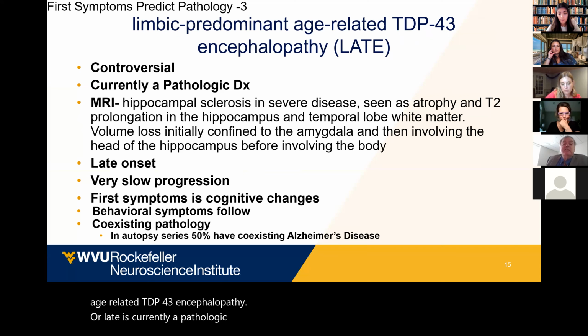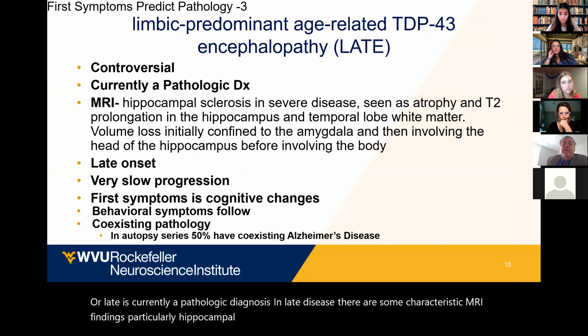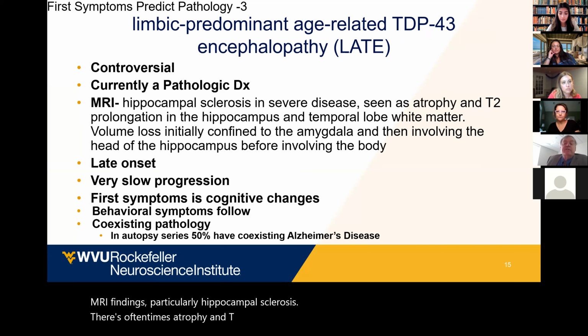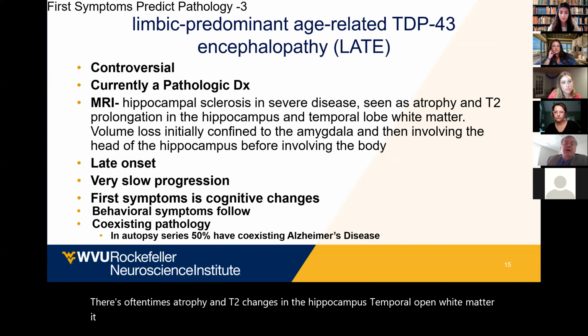In LATE, there are some characteristic MRI findings, particularly hippocampal sclerosis. There's often atrophy and T2 changes in the hippocampus, temporal lobe, and white matter. It usually starts in the amygdala, but that's relatively hard to define on MRI scans.